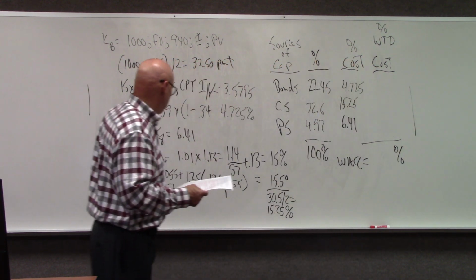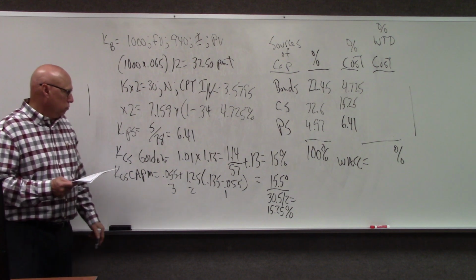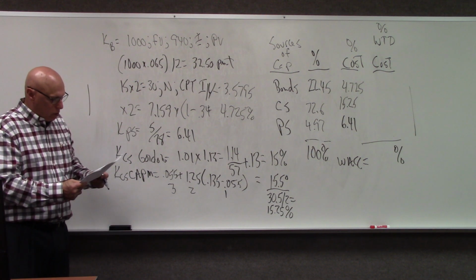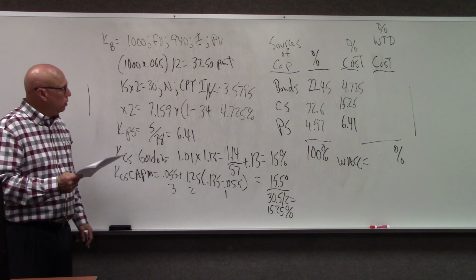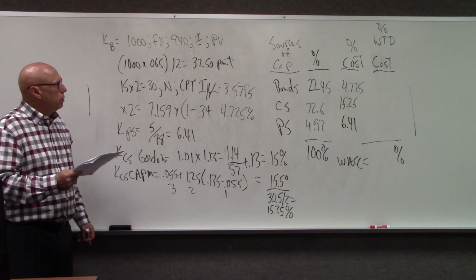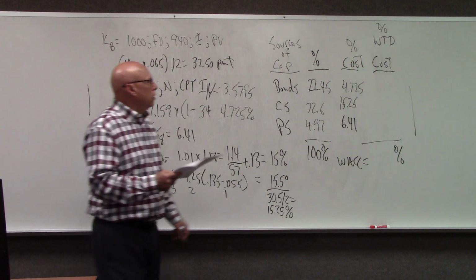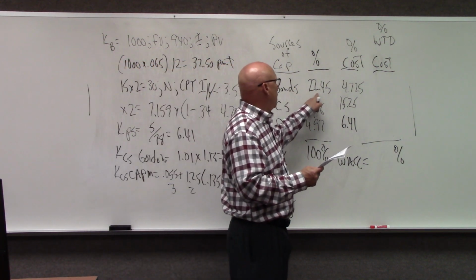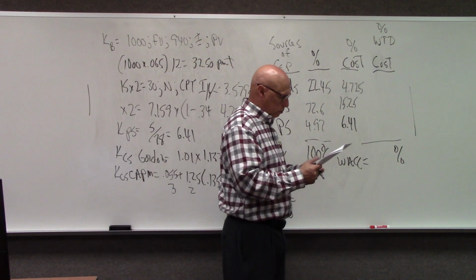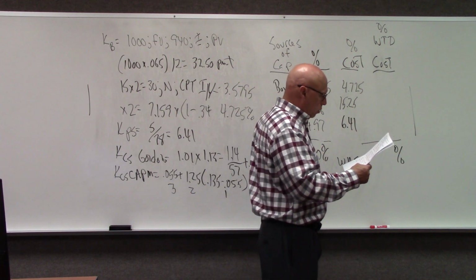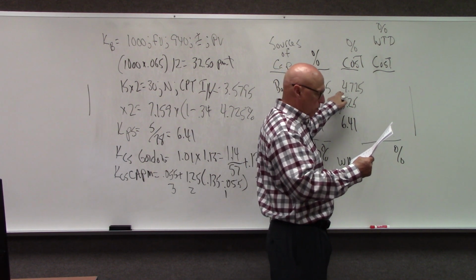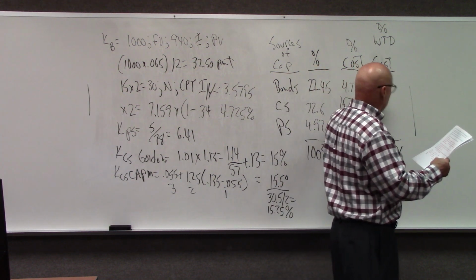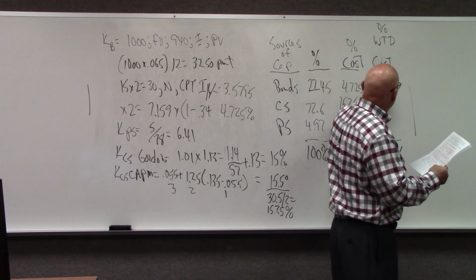Okay? Hopefully you're clear on this. Hopefully you got Gordon and CAPM in homework 4, or maybe homework 3, can't remember. Anyway, now let's multiply the percentage of our capital times the cost of our capital. And so 22.45% times 4.725% is 1.06%.